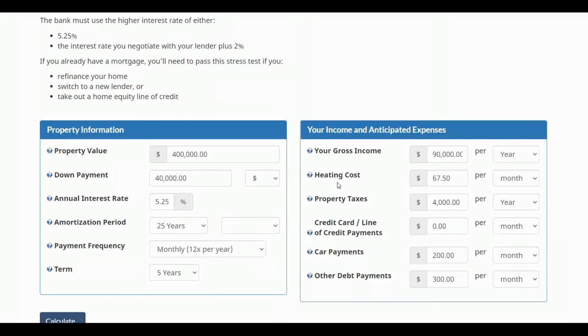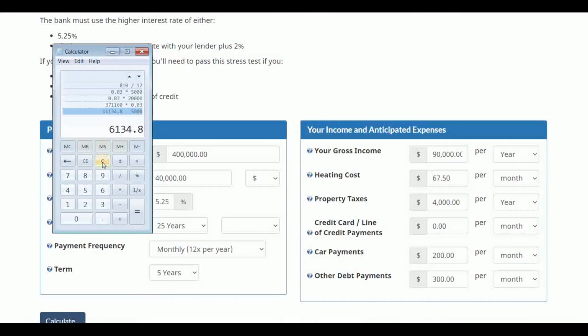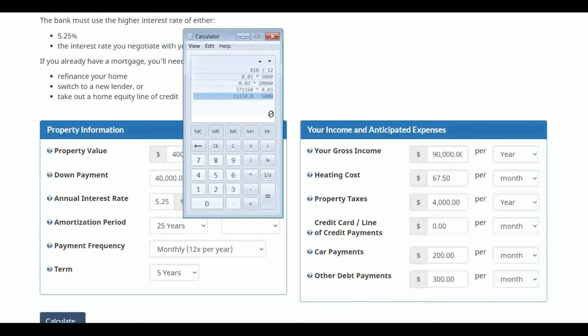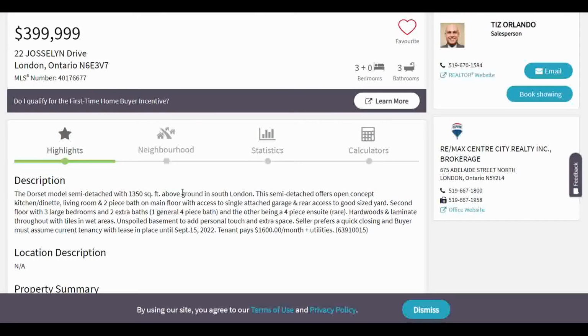Heating costs. So where do we get heating costs from? Heating costs are based on the size of the property. There's a couple of different ways of calculating it, depending on the institution that you're going to be using. What we'll do is grab the size of the property, which I said was 1350. Let's double check. 1350.